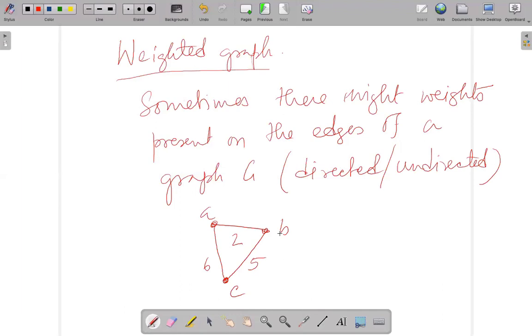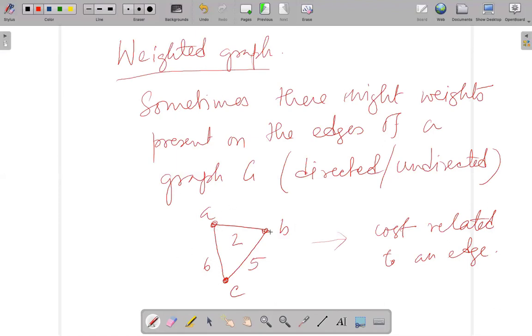Now, why are such graphs useful? These kinds of graphs could actually indicate the cost related to an edge. So suppose your real world problem is modeling distances across, or modeling roads across cities.